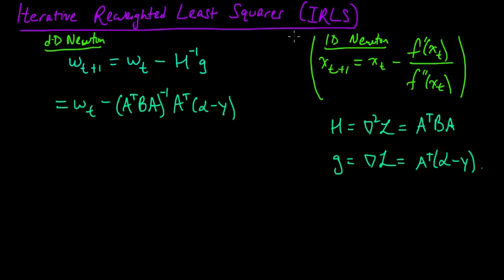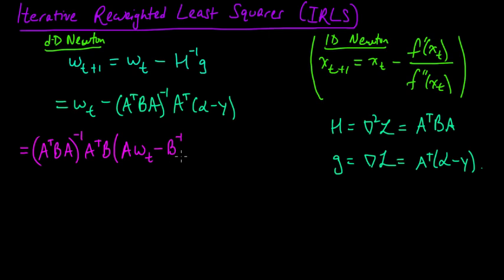But I'd like to rewrite this in a slightly different way, because it can be put in the form of the solution to a weighted least squares problem. So let's factor out of the first part the inverse and A transpose, and let's also factor out a B. In order for all this to cancel, we're going to need A times w_t here, and then when we multiply that, that will cancel.